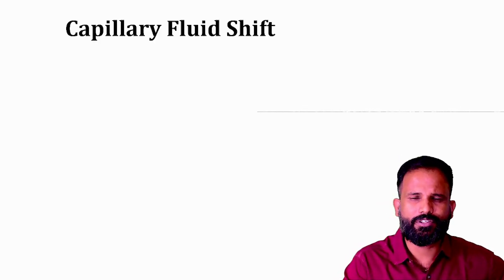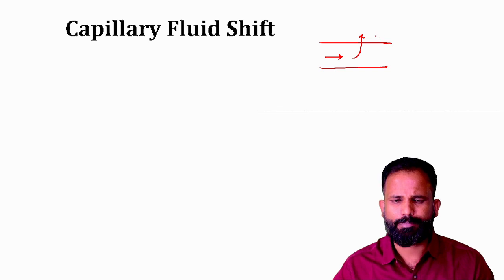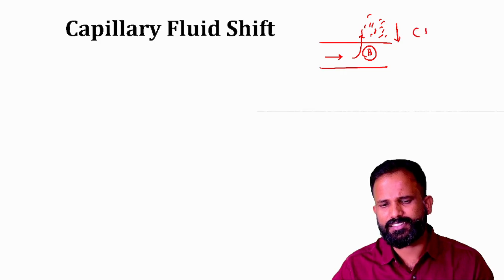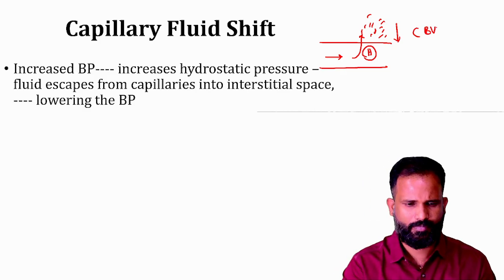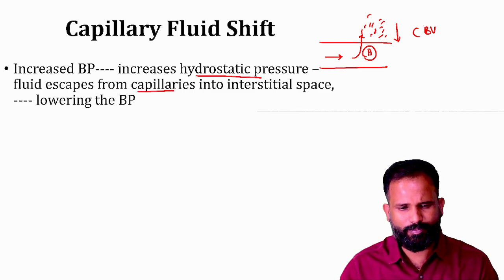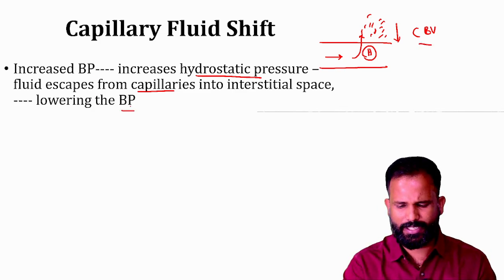And capillary fluid shift. So whenever the blood pressure is more in the vessel, at the capillary end, due to the increased hydrostatic pressure, the plasma leaks into the spaces, decreasing the circulatory blood volume. So increased hydrostatic pressure, fluid escapes from capillaries into the spaces, so circulating blood volume is lowered, that causes decreased BP.